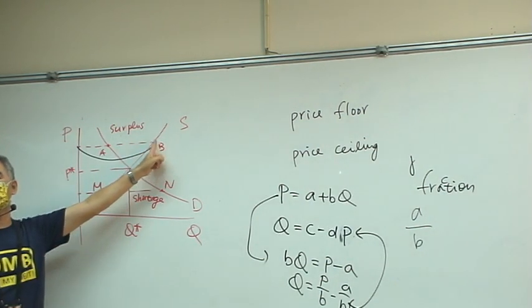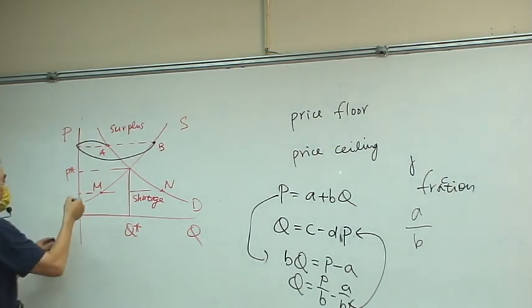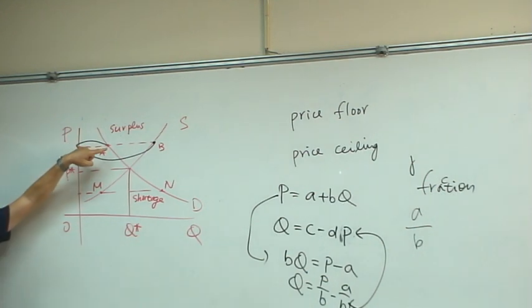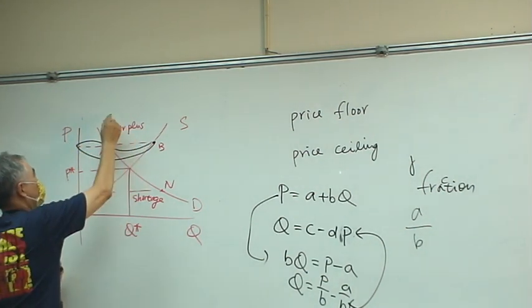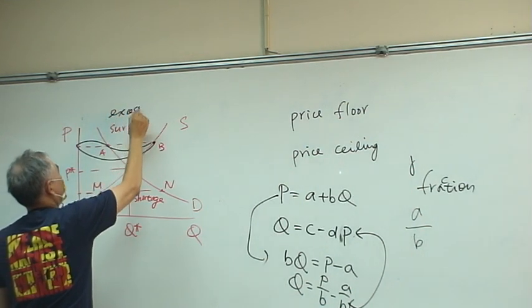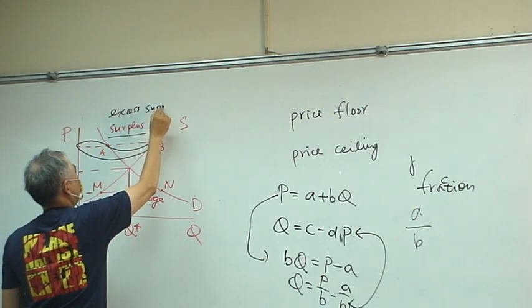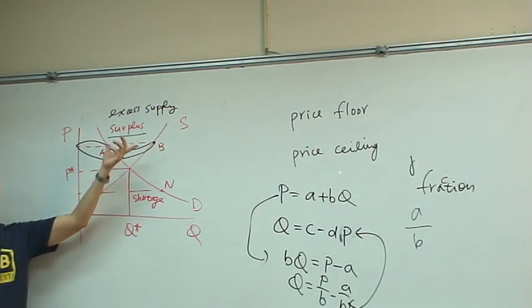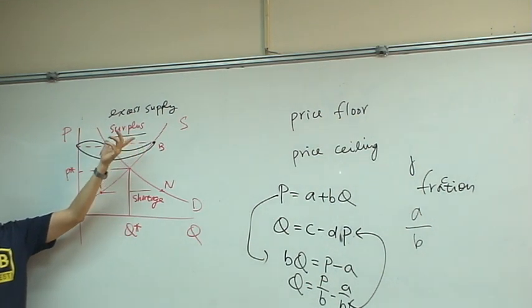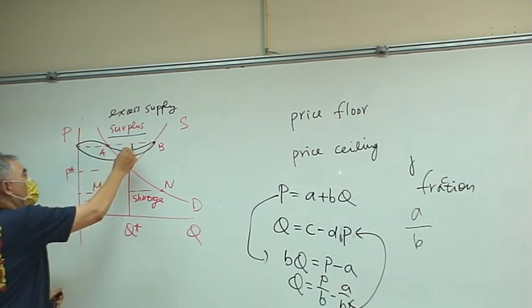And you want to know how much is demanded, then you check the demand curve. So what happened? You have an excess supply, or we call it a surplus. Because there's just too much out there, the price has a downward pressure, it will go down.